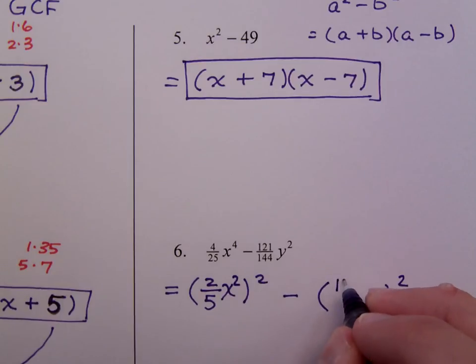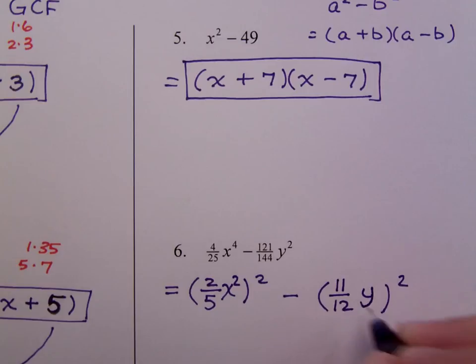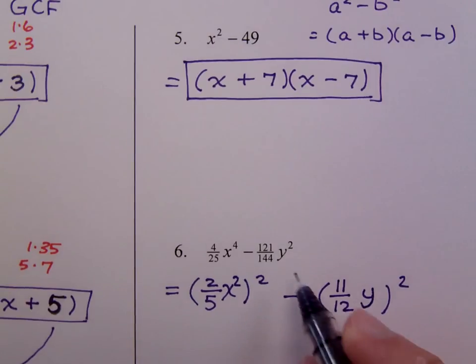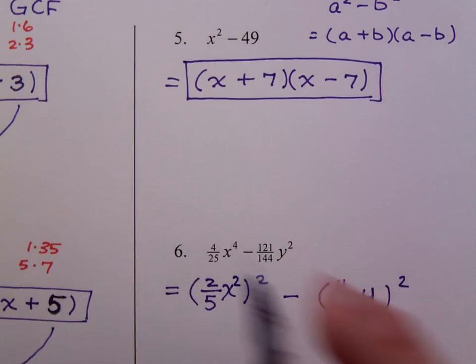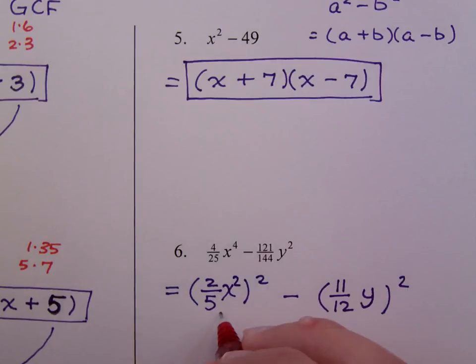121 is 11 squared, 144 is 12 squared, and of course y squared is y squared. So what we're doing here is writing it this way so we can clearly see that this is our a and this is our b.